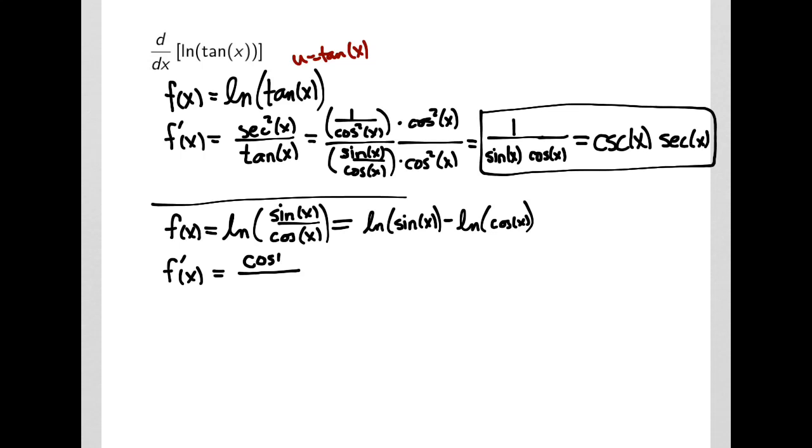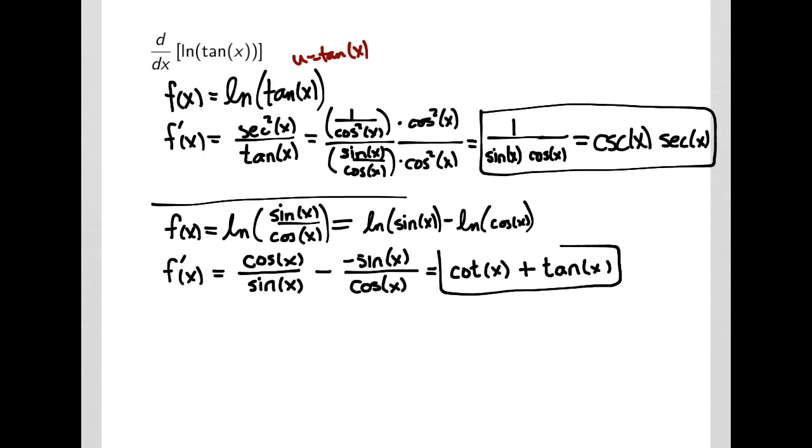So cosine of x over sine of x, and then minus, this time we'll put cosine of x in the denominator, and its derivative is negative sine, so it's minus negative sine of x, which gives me cosine over sine, that's the cotangent, and the two negative signs cancel, so I get plus. Sine over cosine is tangent of x. So an alternate expression for the same thing is cotangent of x plus tangent of x.